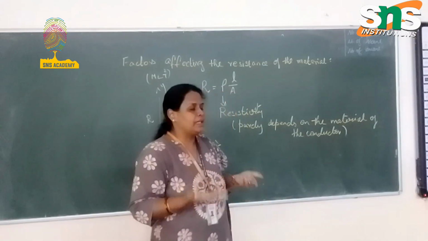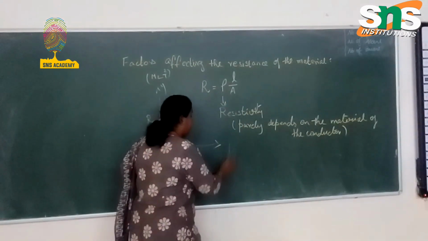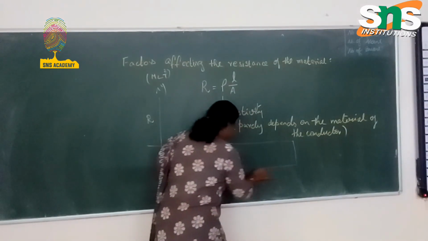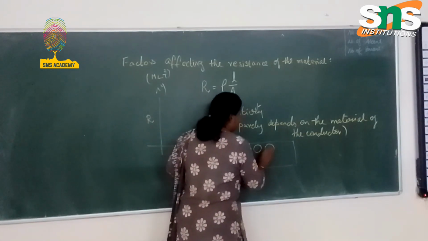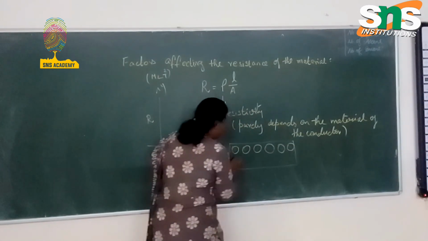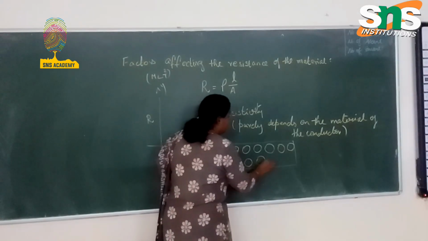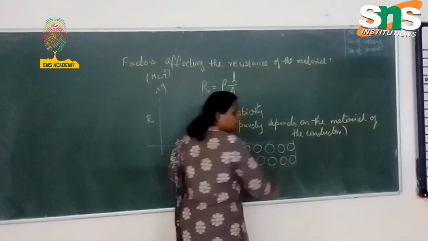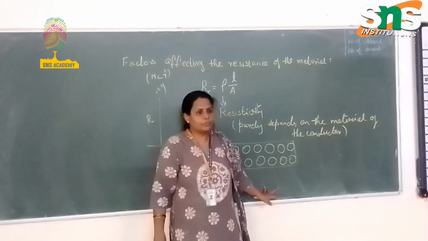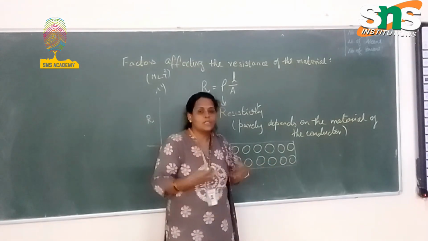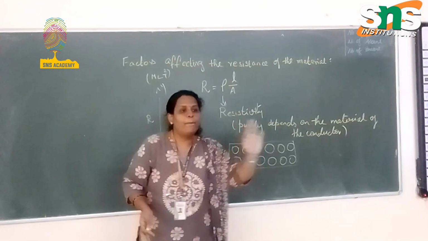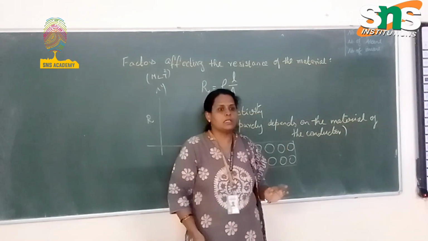If the temperature is more, what will happen? Can you all remember this diagram? Yes. If the temperature is more, the collisions or hits or vibration will be more. If you increase the temperature, this resistance, what will it do? It will oppose the flow of electrons. Am I right?